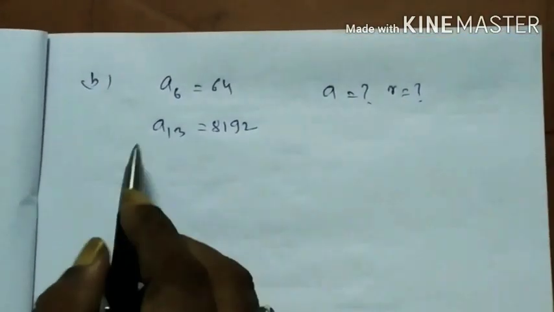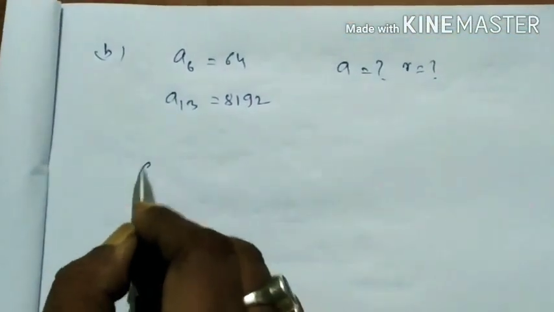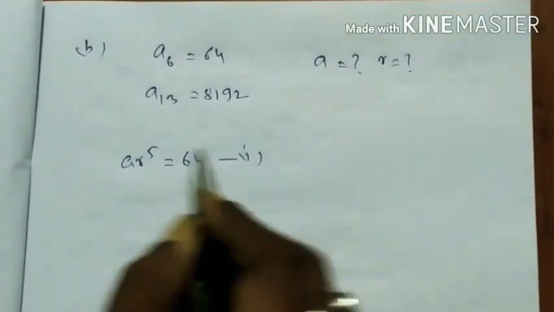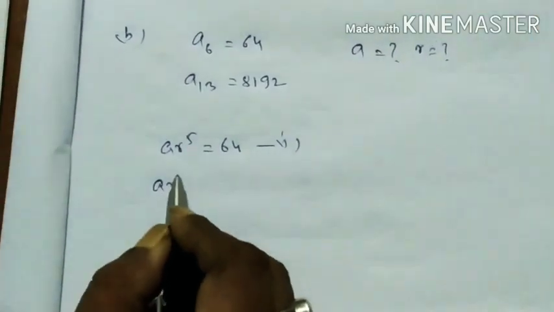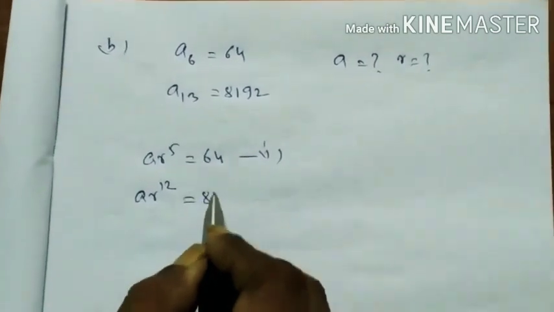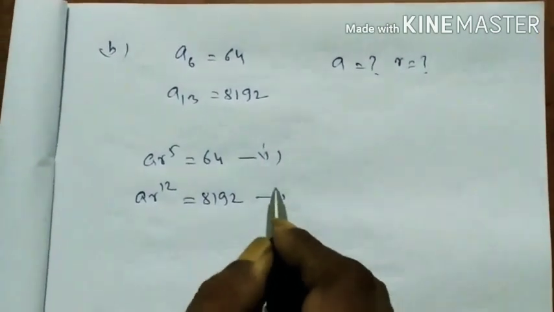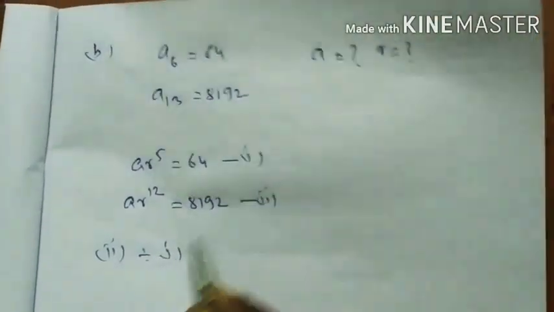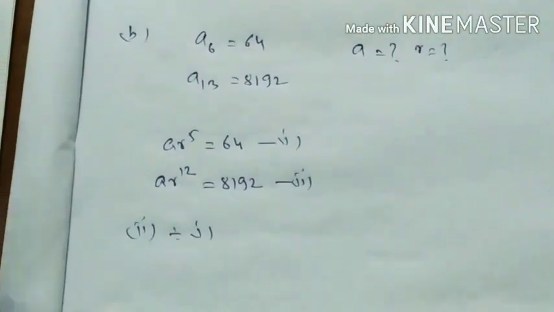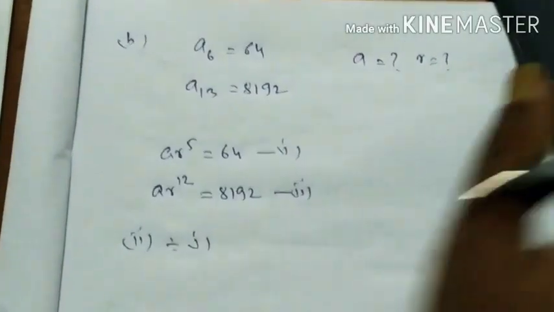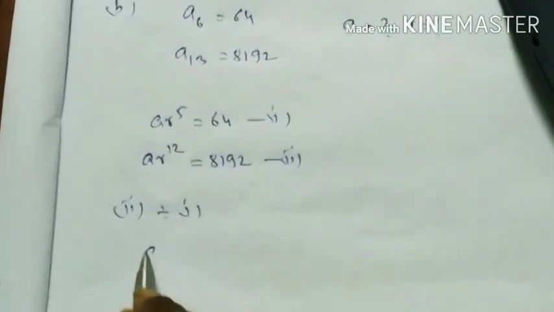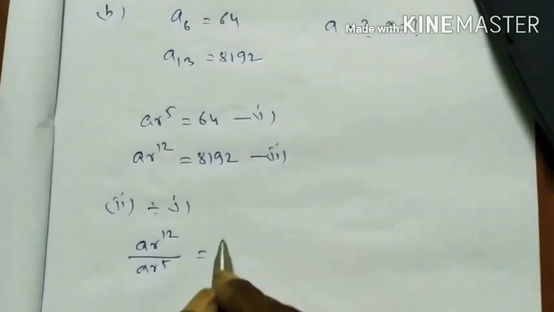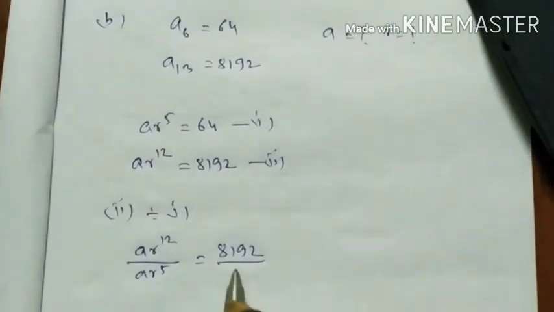Now, see, A6, that means AR to the power of 5 is equal to 64. This is equation 1. A13, AR to the power of 12, is equal to 8192. This is equation 2. Now, 2 divided by 1. This comes out to be AR to the power of 12 by AR to the power of 5, 8192 divided by 64.